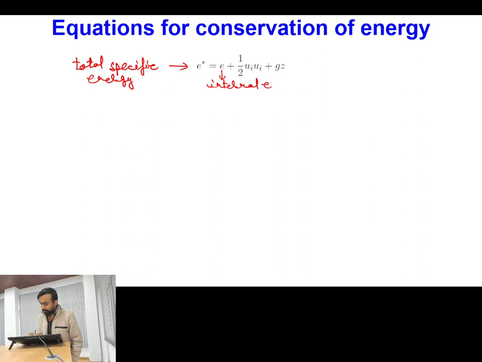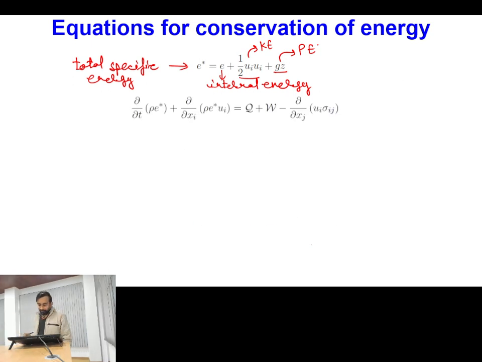Typically we don't use the word specific every time, but if these quantities are represented by small letters, then we simply call it specific energy. Then I have half ui into ui, which is v square by 2. This is nothing but my kinetic energy. Then I have gz, which is nothing but potential energy. So these are the specific forms of the energies.